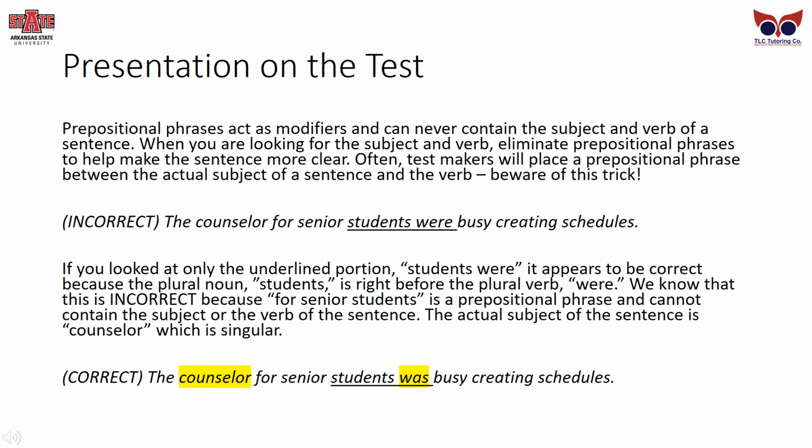It cannot contain the subject or the verb of a sentence. Therefore, we have to look for the actual subject, which is counselor. In the corrected sentence, you'll see the counselor for senior students was busy creating schedules. In this case, counselor was singular subject, singular verb.